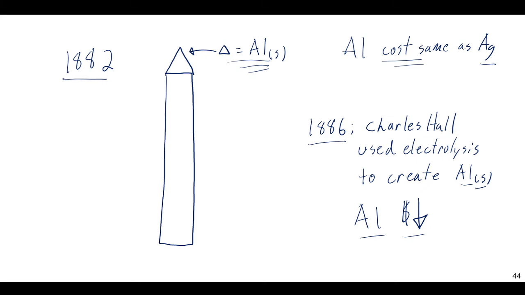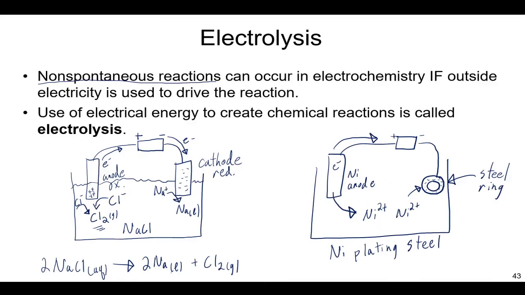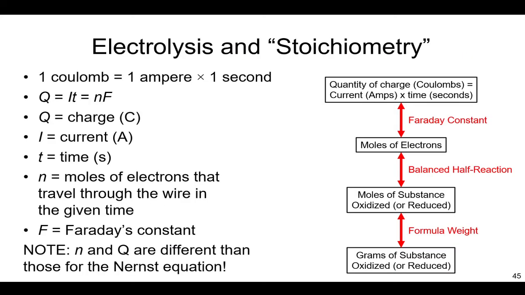Now, with this qualitative information, we can quantitatively calculate exactly how many grams of, say, aluminum we could create by hooking up a battery and running a certain current for a certain amount of time. So now we're getting into the mathematics here of being able to calculate exactly how much current we have to deliver, or exactly how much time we have to deliver that current in order to electrolyze and form some grams of substance.